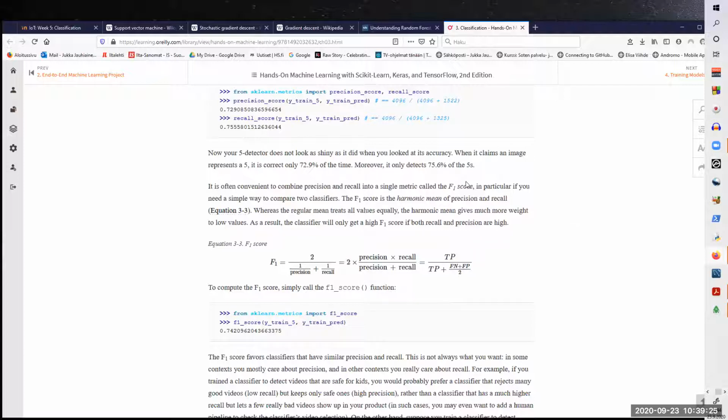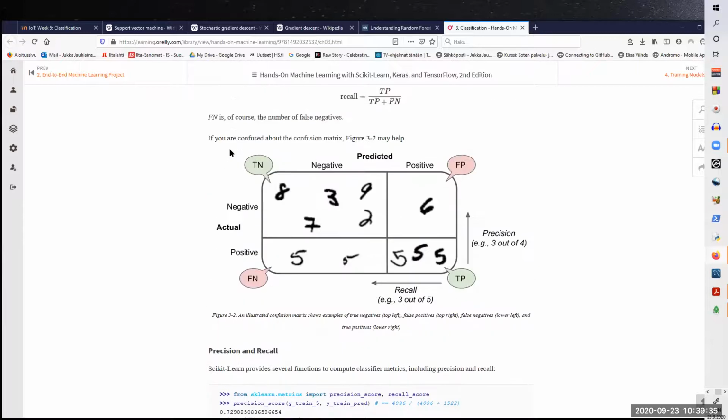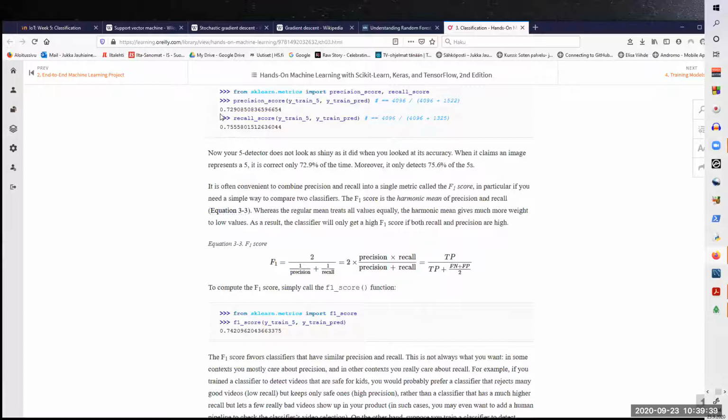So now this accuracy is not as shiny as it was before. When you calculate it using the same data set as before, and you calculate the precision and recall, you have precision 73%, recall about 76%.